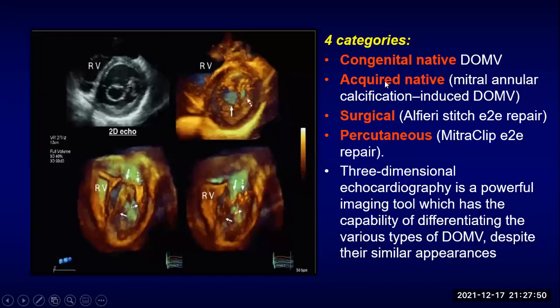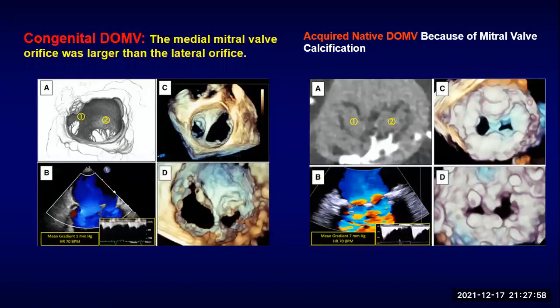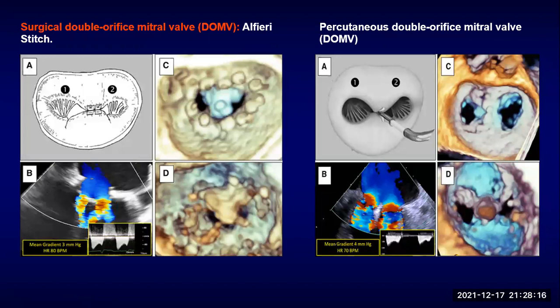If you look at the other categories, we have the acquired native valve. That is, with age, we have calcification. And then with calcification, we have a fusion of A2 and P2. With fusion of A2 and P2, this will create a double orifice. It is something like a double orifice mitral valve, but it is not a true double orifice mitral valve.